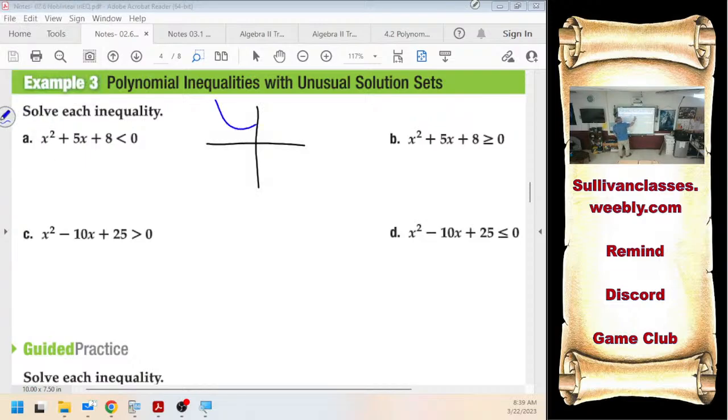I'm going to get a graph out here. And then I'm going to ask, where is that less than 0? So what's the answer? There's no solution. Empty set. There is no interval in which this is less than 0. But then if I ask, where is it greater than or equal to 0? All real numbers.